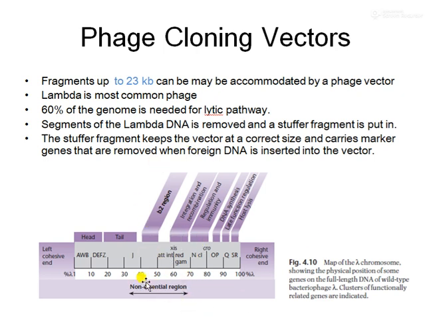That region is removed, and here a foreign DNA can be inserted. The advantage is that, unlike the approximately 10 kb we put in plasmid vectors, in phage vectors you can put approximately 23 kb of foreign DNA.